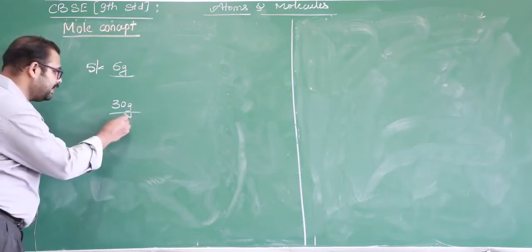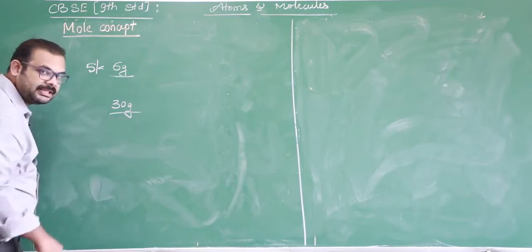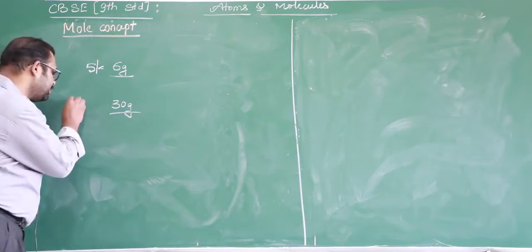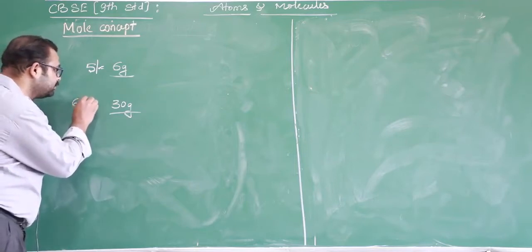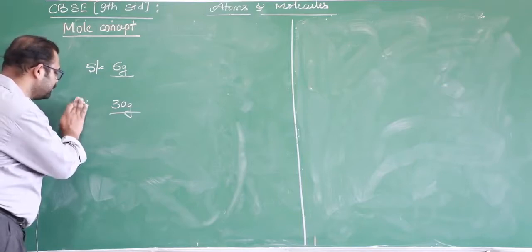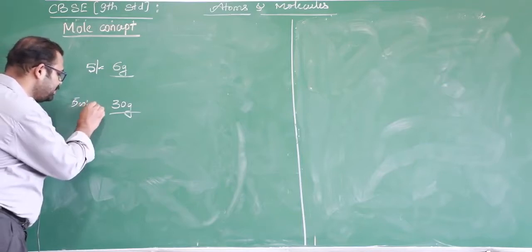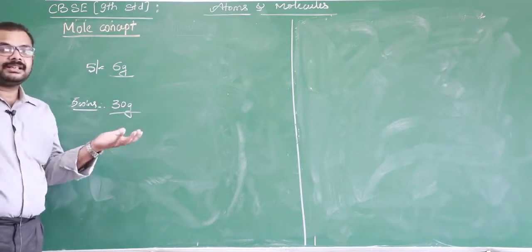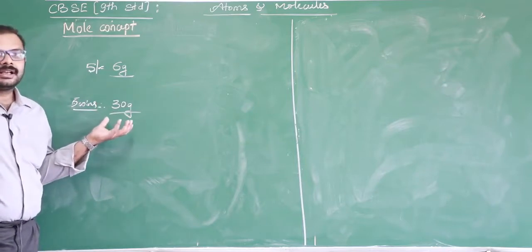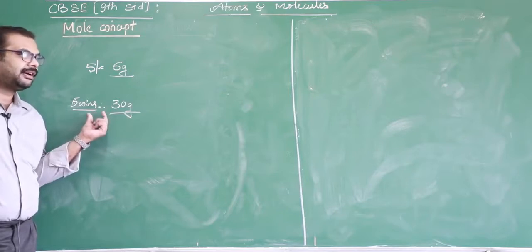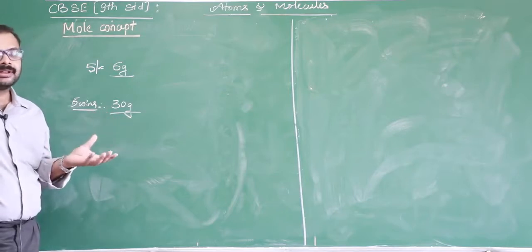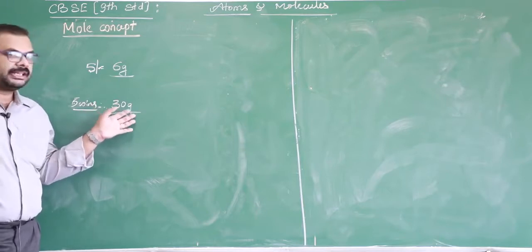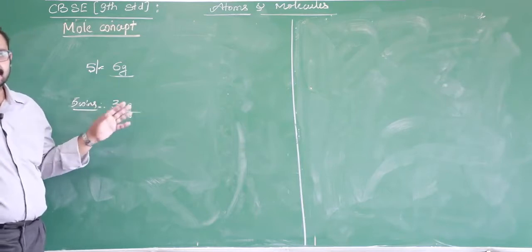Then how many coins are there? You can calculate: there are 5 coins in the particular bag. Like that, by measuring the mass of the coins, we can calculate how many coins are there in a particular bag. The same concept is applied in the case of atoms also.